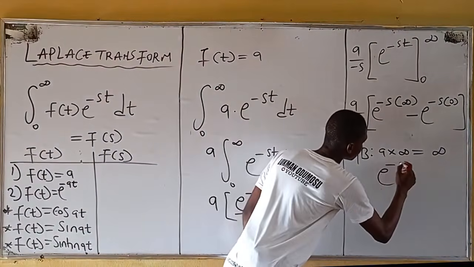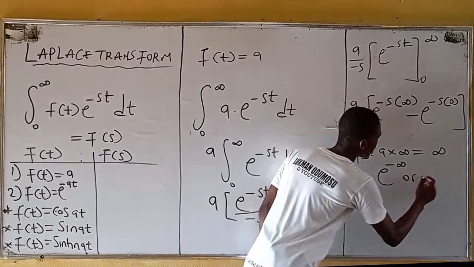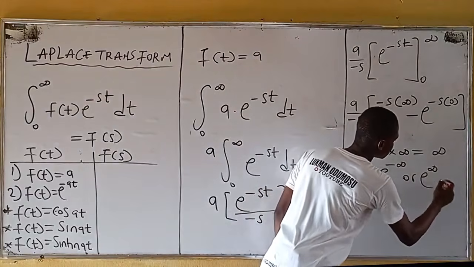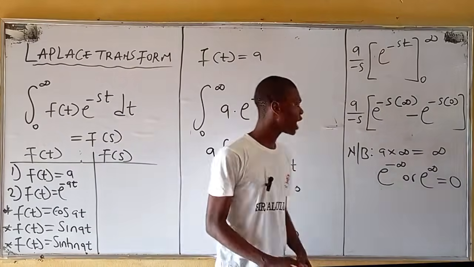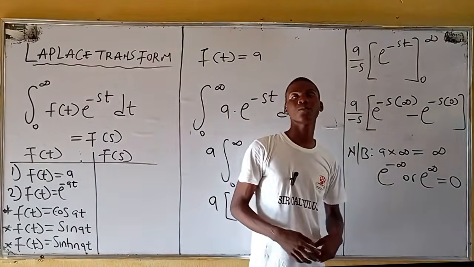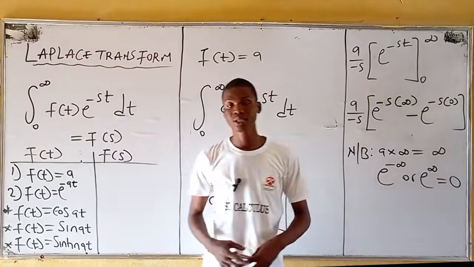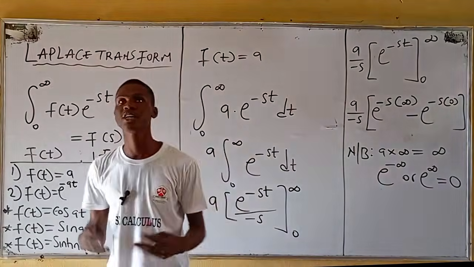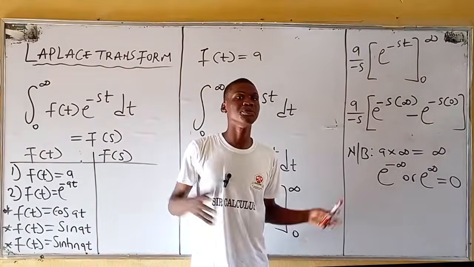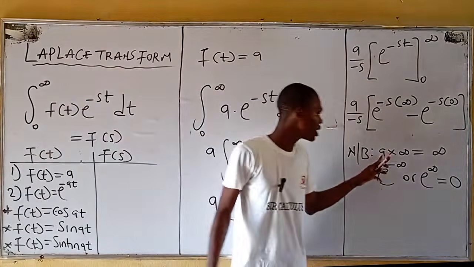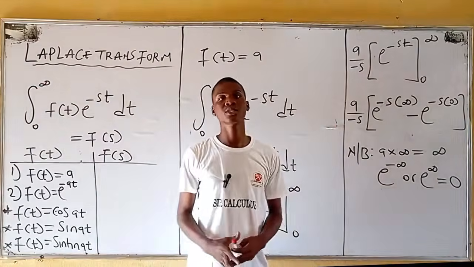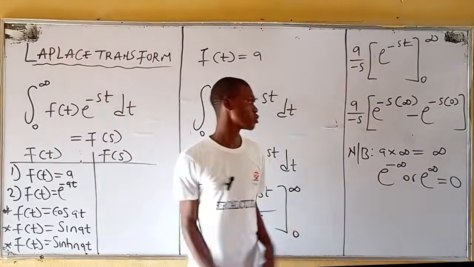Exponential raised to the power of negative infinity is equal to 0. Know these two. The idea behind this is that infinity can be considered a very large number, so a times a larger number is still a very large number.